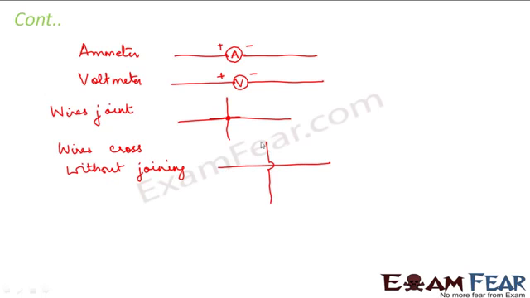This is one wire and this is another wire, but these two wires are not connected. But in this case, it means that this wire and this wire are joined at this point. So when we draw circuit diagrams, all these things make a difference, right?